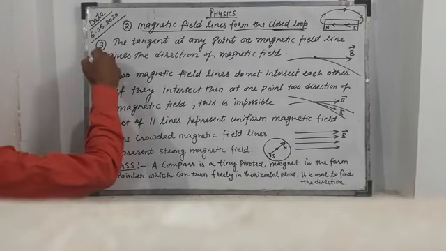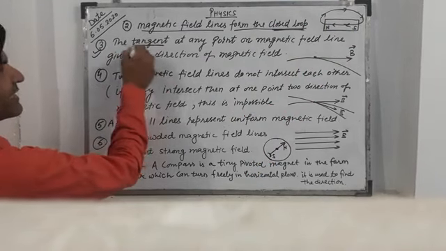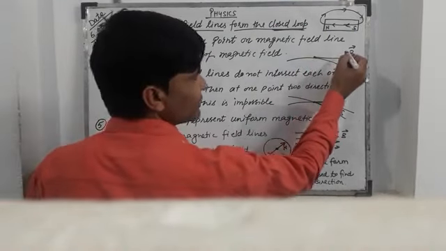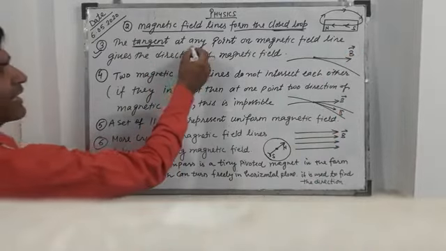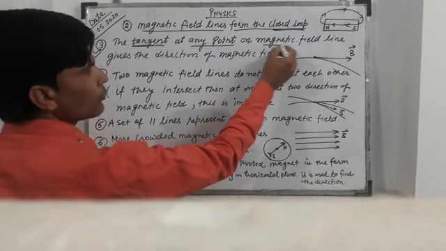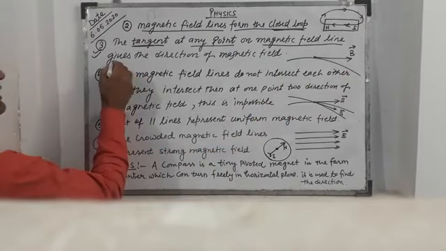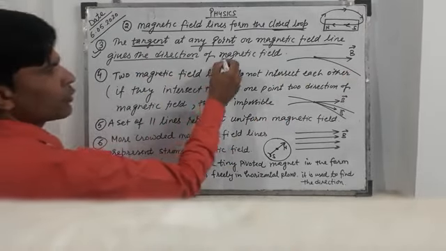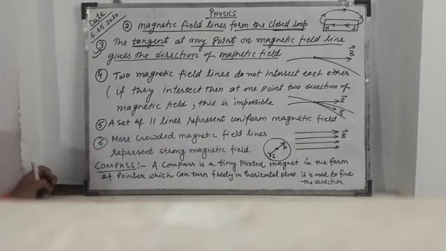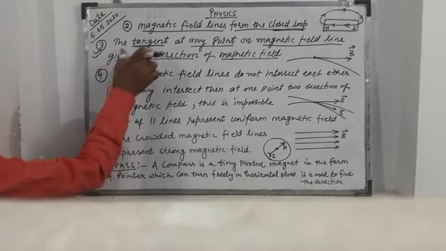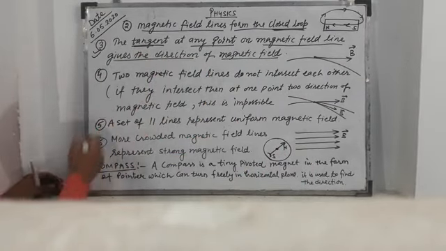Now the third property is the tangent. The tangent at any point on a magnetic field line gives the direction of the magnetic field.